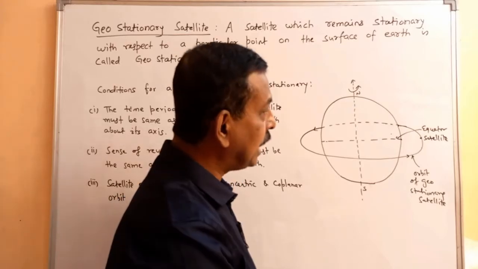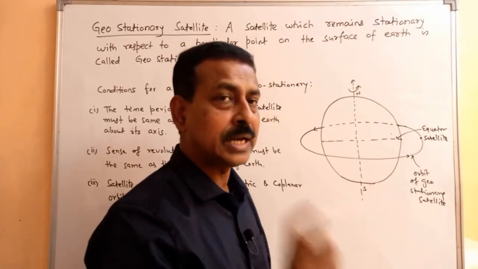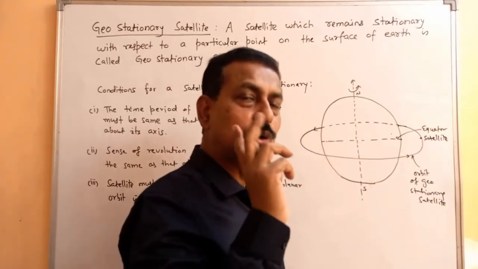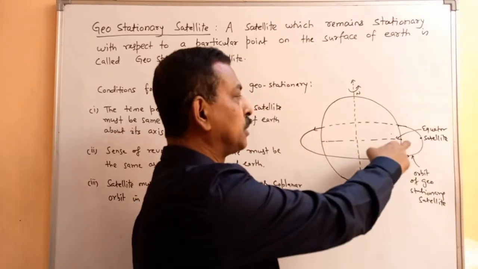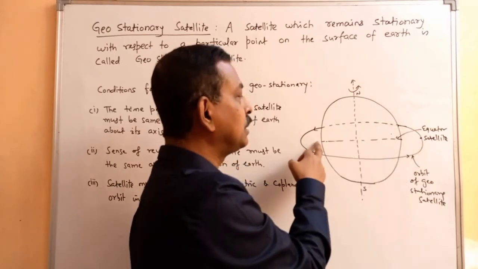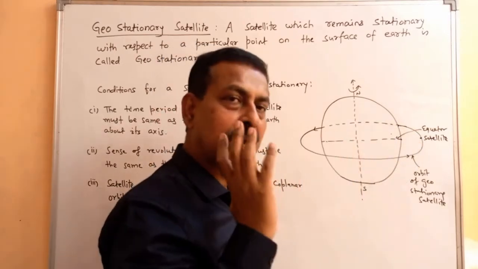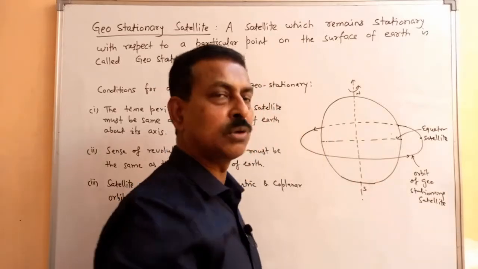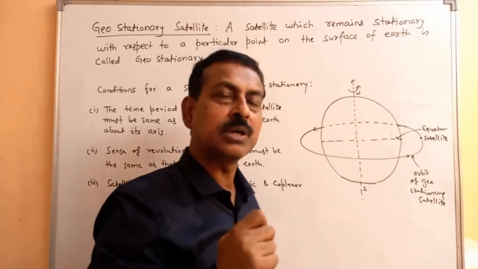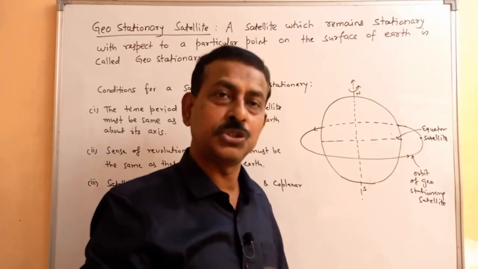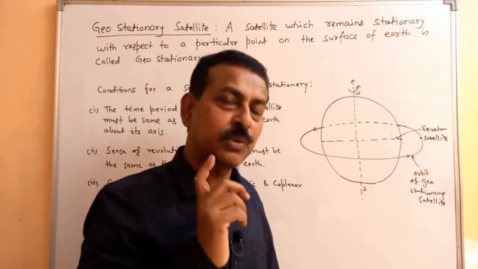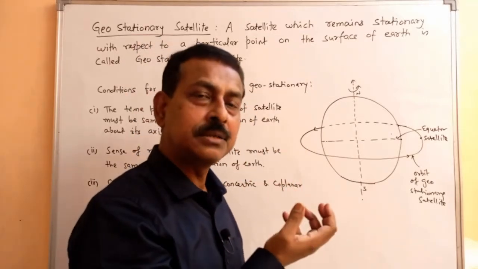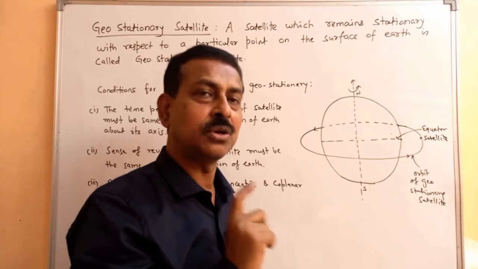Of course, in the entire duration of one time period, that particular satellite will be only twice just overhead the particular point, one here and after 12 hours, that is after half revolution. But for the rest of the time, it is not overhead that particular point. So obviously that particular satellite will not be called geostationary. That is why it is required that the sense of revolution of the satellite must be same as that of the rotation of the Earth.